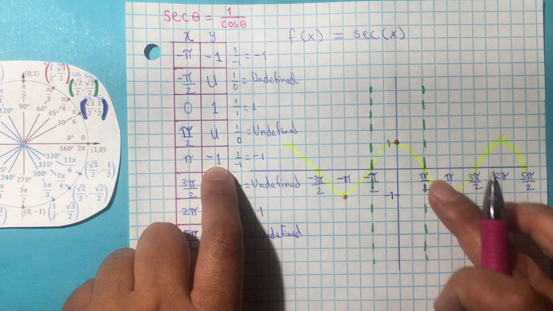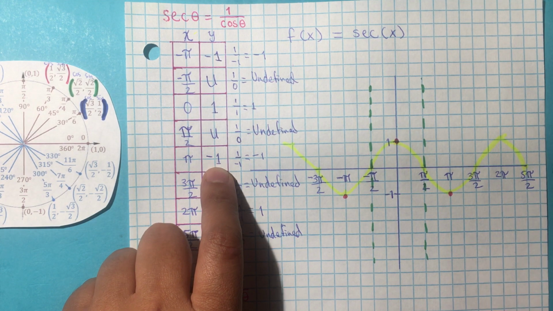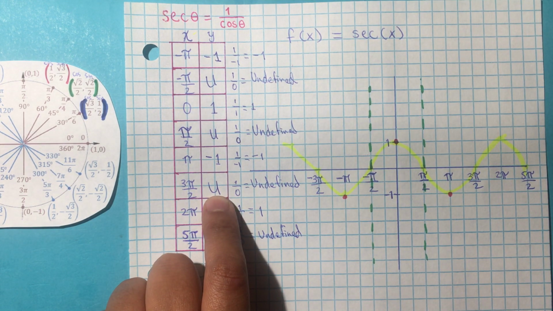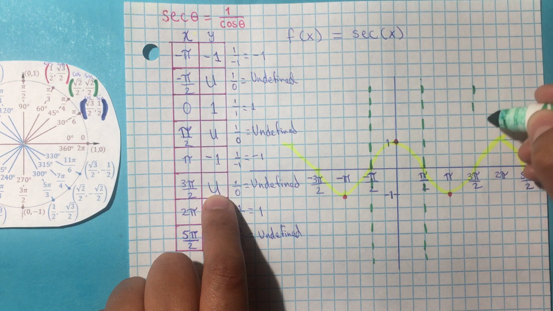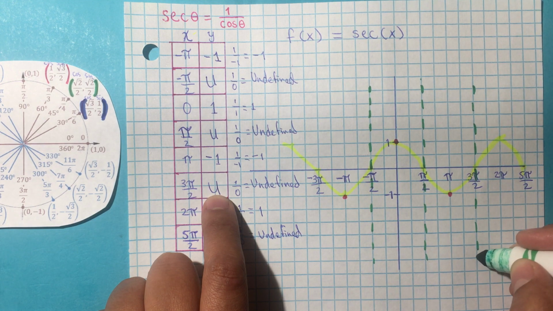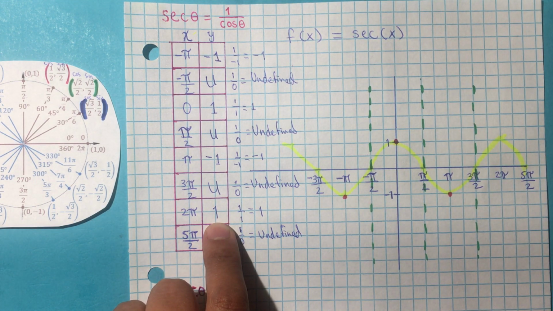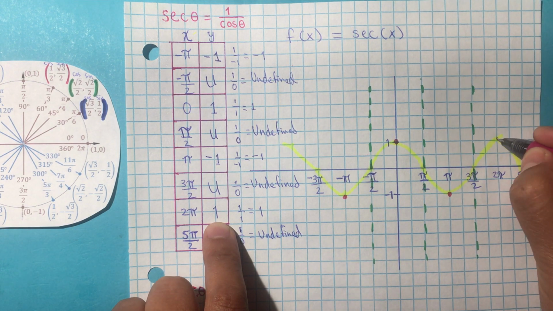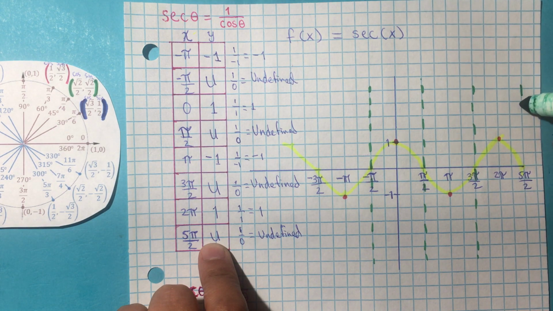If you notice, it's touching all the lowest or highest points. For the next one, 3pi/2, again it's undefined, so we draw our vertical line, or asymptote. 2pi will be 1, so right there. And 5pi/2 will be undefined once again.